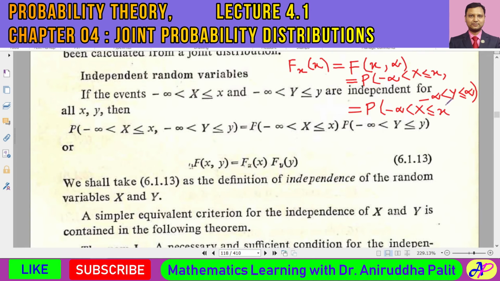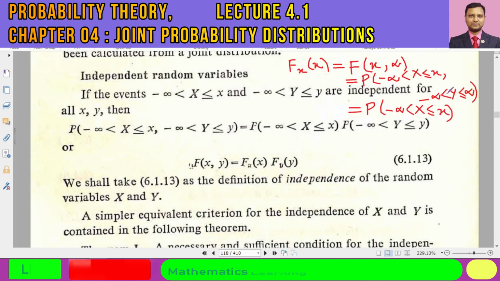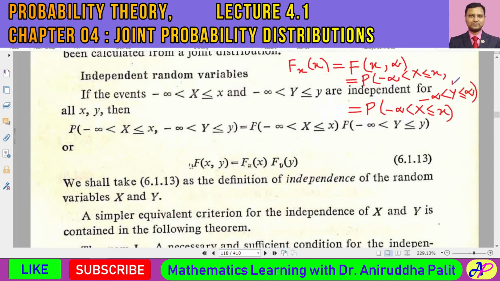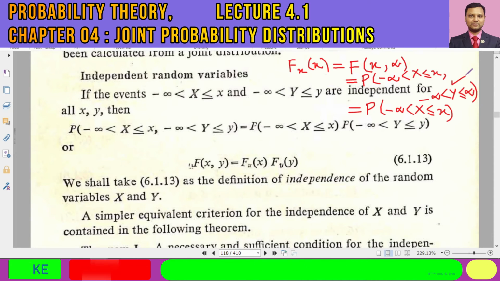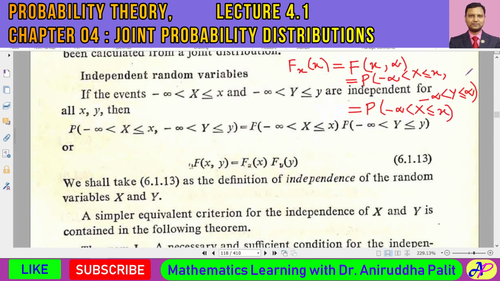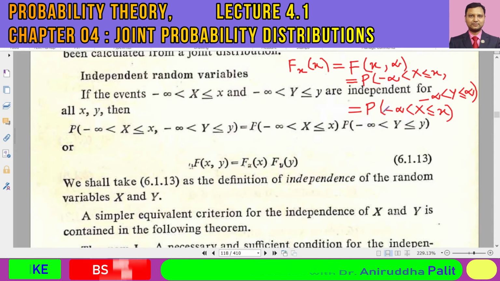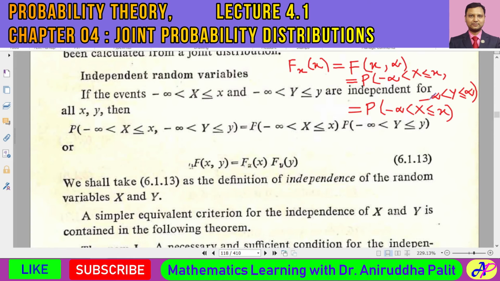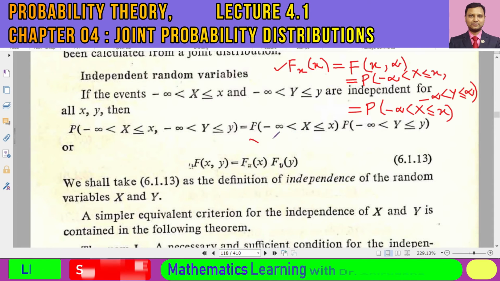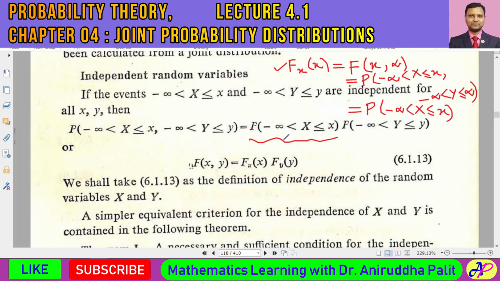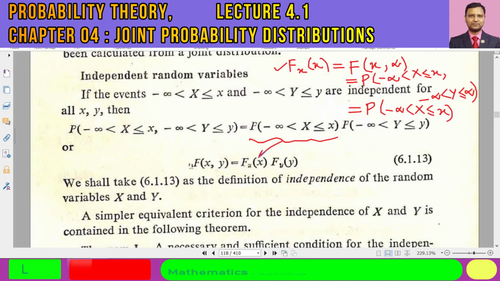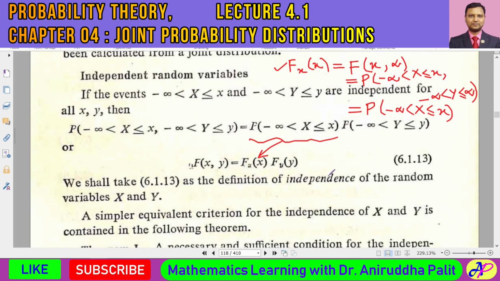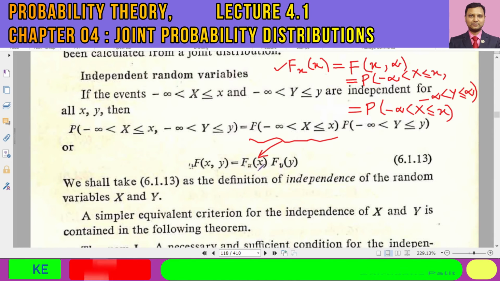You don't need to explicitly write the value of y, because you know that y always lies in the certain event. So this probability would be the value of the marginal distribution function F of x comma infinity. That's why this expression can be replaced by F suffix X of x.